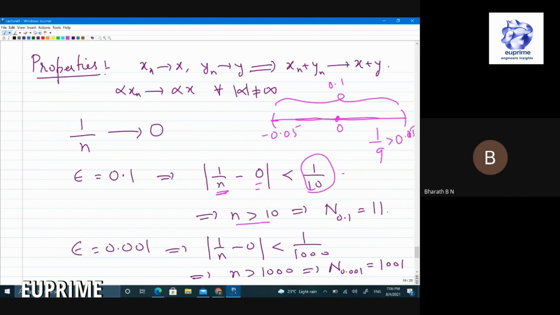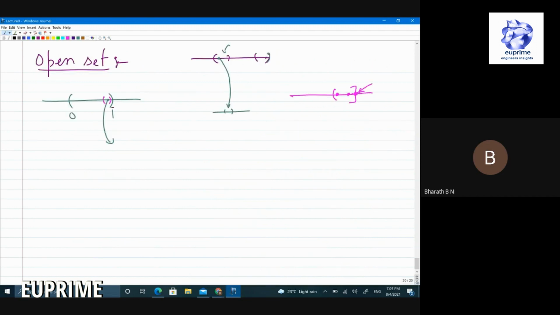Is that correct? Did I make a mistake here? I should not make stupid mistakes. Let's say you have 0. I'm saying 1 over n should be less than 0.1, or n should be greater than 1 by 0.1, which is equal to 10.